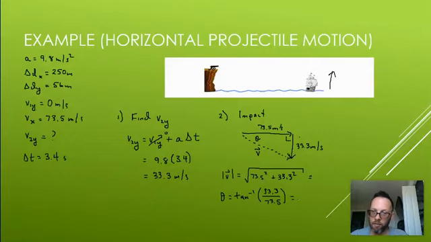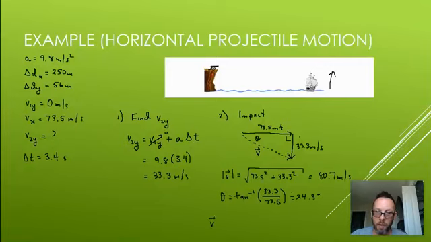So the cannonball strikes the ship at about 80.7 meters per second. And for the angle, we do inverse tan of 33.3 divided by 73.5, at an angle of about 24.3 degrees below the horizontal.